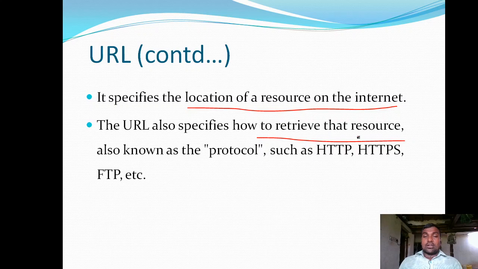So what you need to understand is, a resource may be any kind of multimedia. It may be an audio file, a video file, a PDF file, a text file, or an HTML file. It may be anything, any kind of information. So that's why we are calling it multimedia.